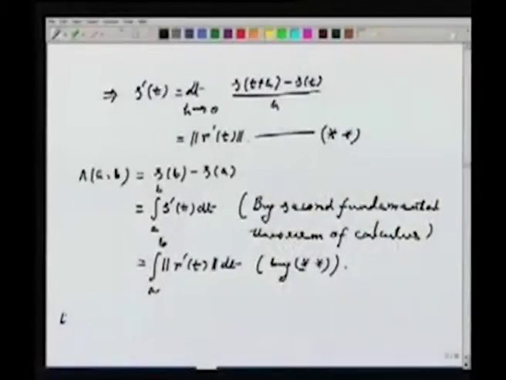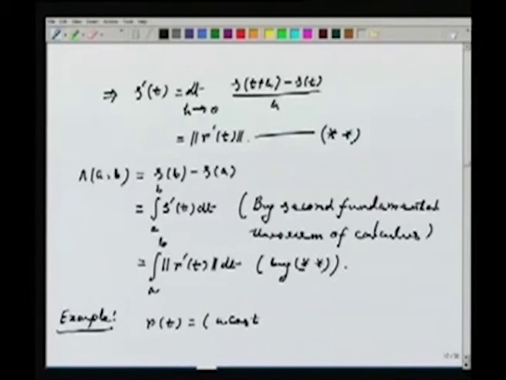So as an example, let me start with the upper half portion of the circle. So let us say r(t) equals (a cos t, a sin t), where 0 less than or equal to t less than or equal to pi and a is strictly bigger than 0.